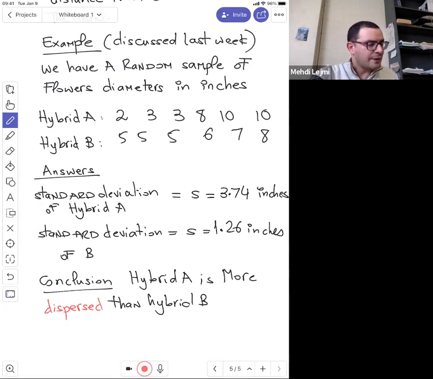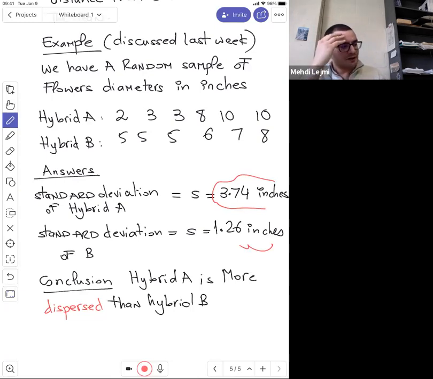Now, there's a problem with the standard deviation, because the answer uses units. Here, the standard deviation of hybrid A is 3.74 inches, and for hybrid B it's 1.26 inches. So we use units to express the standard deviation.